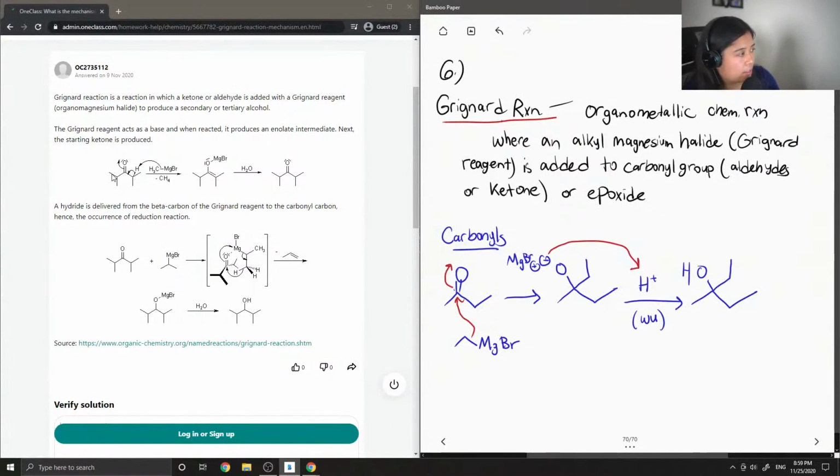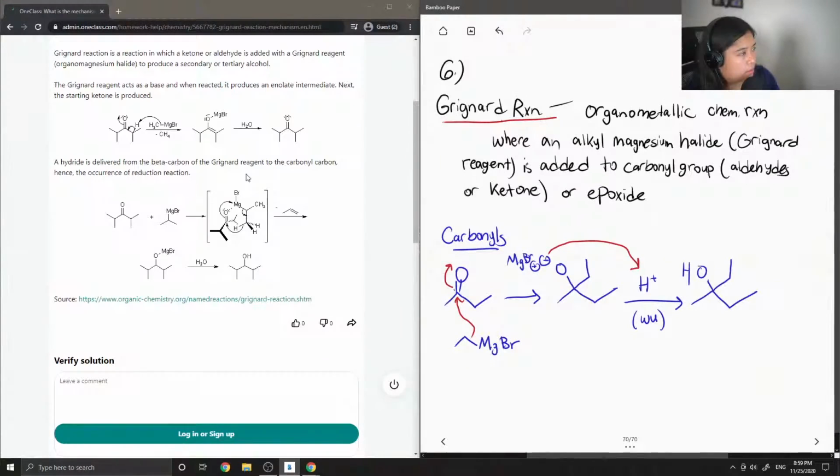Next, the starting ketone is produced. So here they have it deprotonating one of the hydrogens here. And then MgBr, and then H2O. Starting ketone is produced.